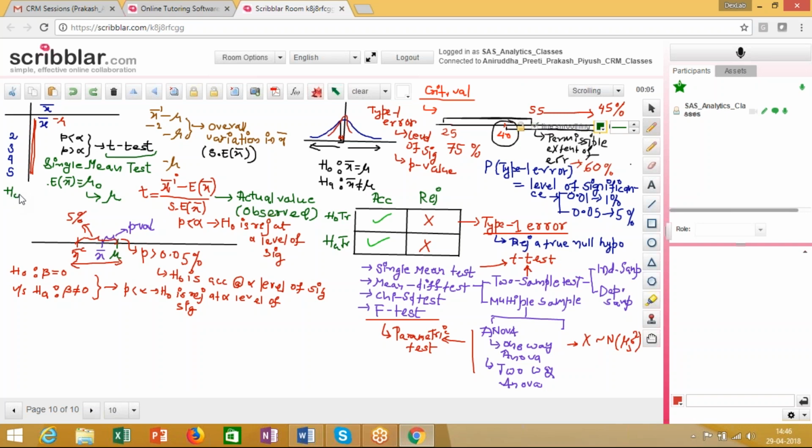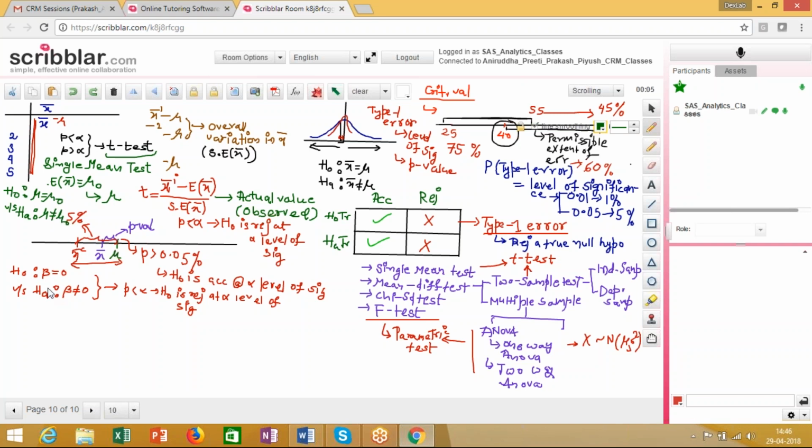My test over here is H naught: mu equals mu 0, versus HA: mu not equal to mu 0.